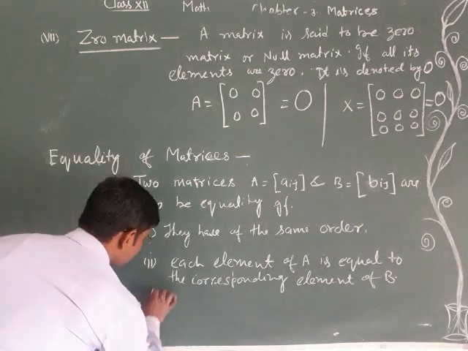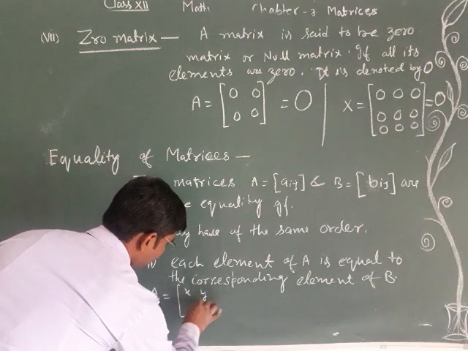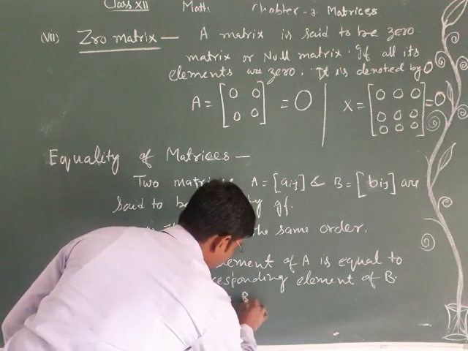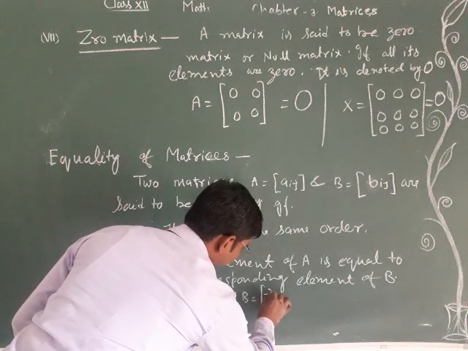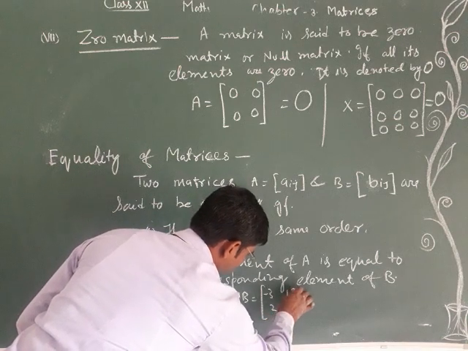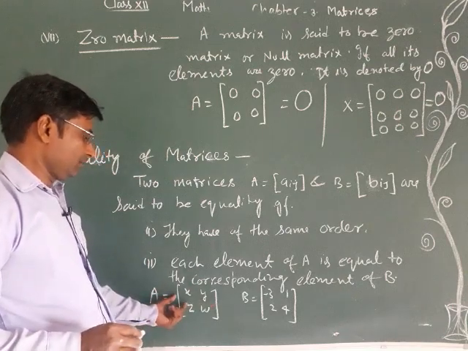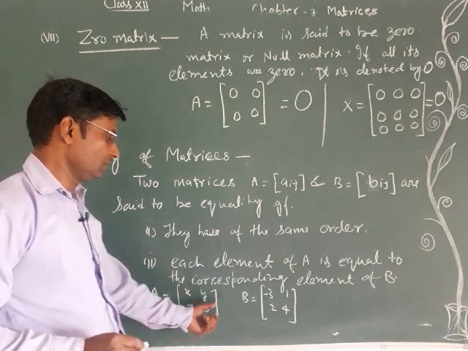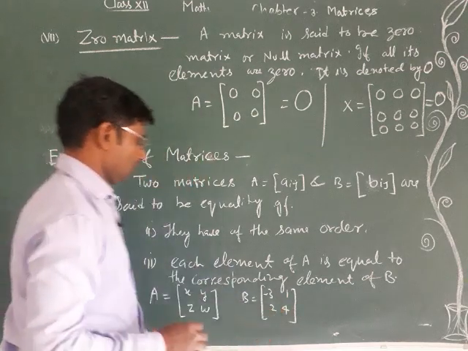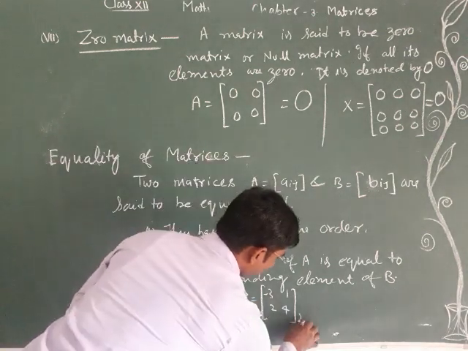Now let matrix A be equal to X, Y, Z, W, and another matrix B equal to -3, 1, 2, 4. The order of matrix A is 2 by 2 and the order of matrix B is 2 by 2.